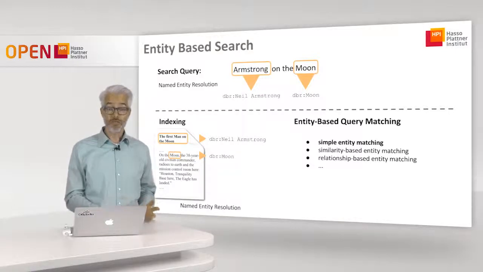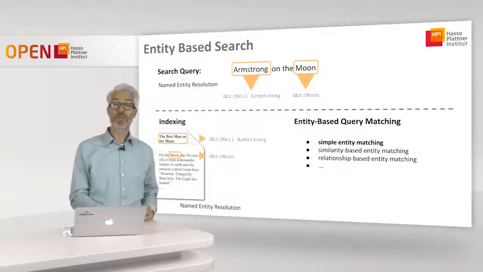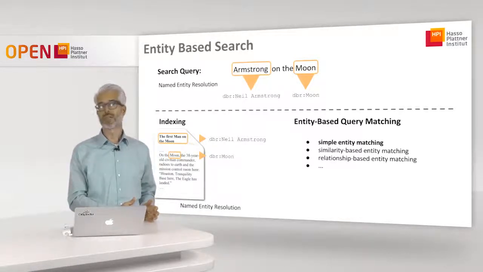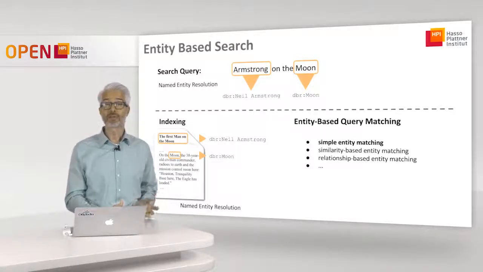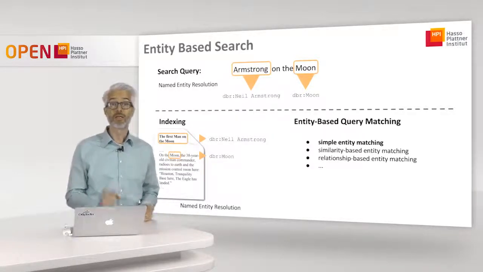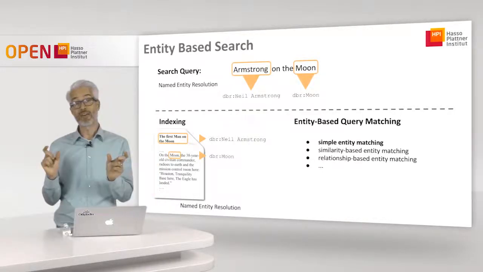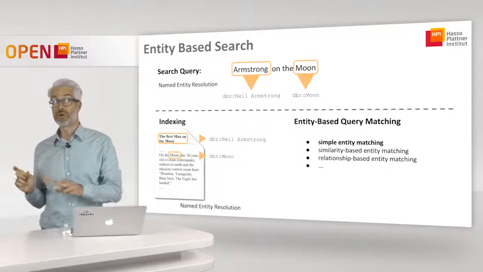What I do here is try to find out which named entities are referred to in my search. I could identify Armstrong, which is Neil Armstrong here because I have the moon as a reference, and I could identify the moon as a celestial body. So these are the two entities that have been identified within my query.